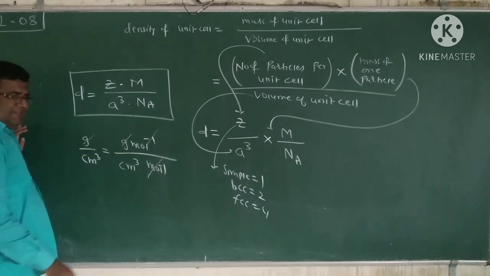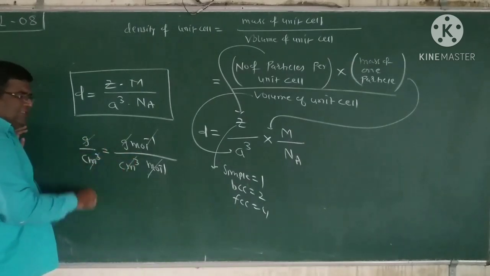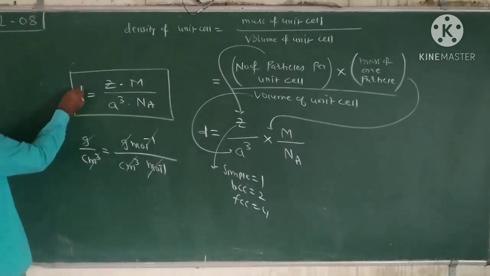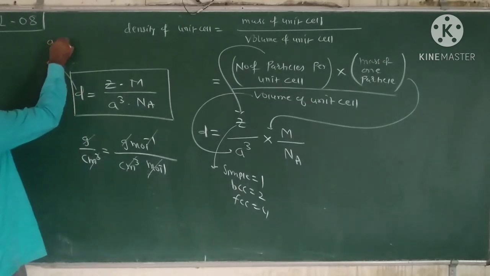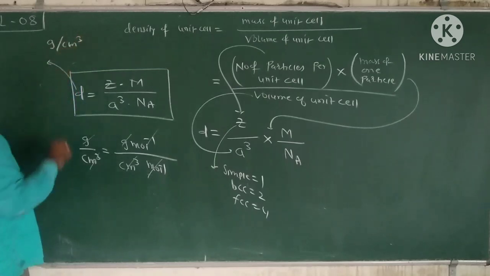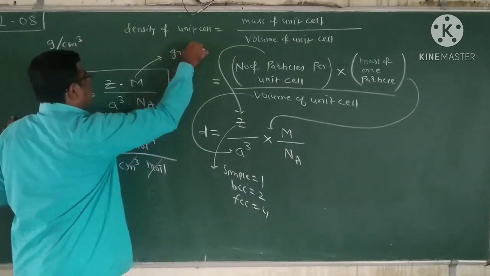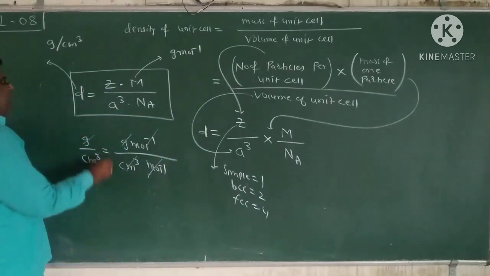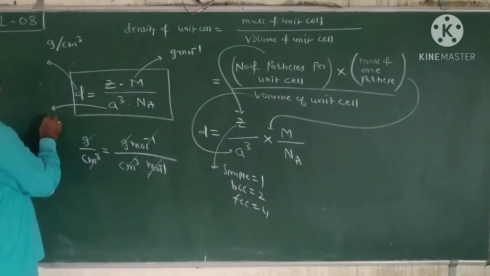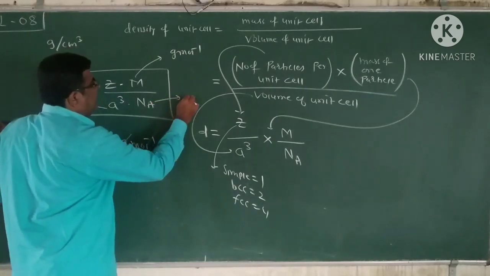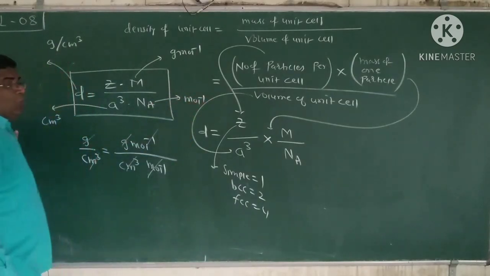Gram gets cancelled. Cubic centimeter gets cancelled. Means the unit of density is gram per cubic centimeter. Unit of atomic mass or molecular mass is gram per mole, unit of edge length is centimeter, and unit of Avogadro number is per mole.